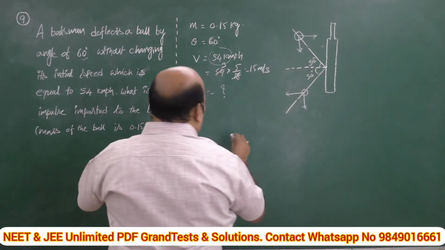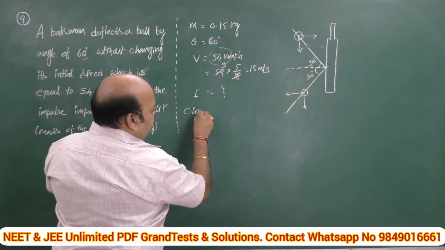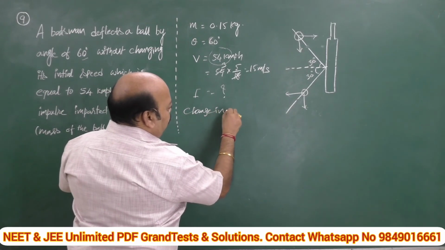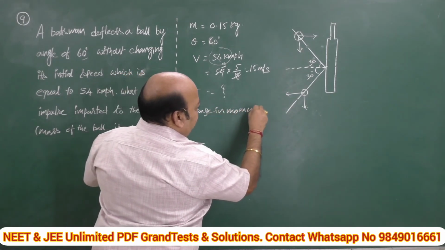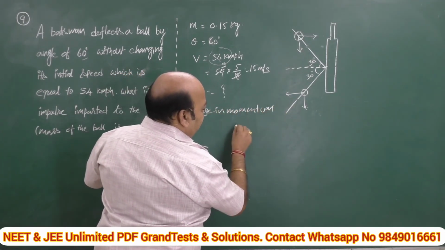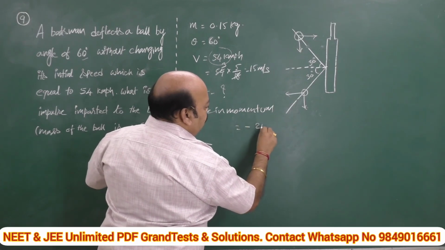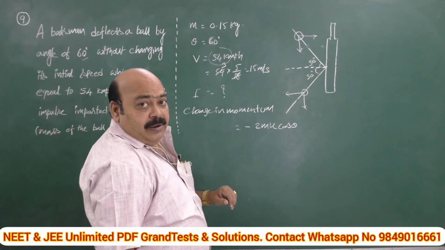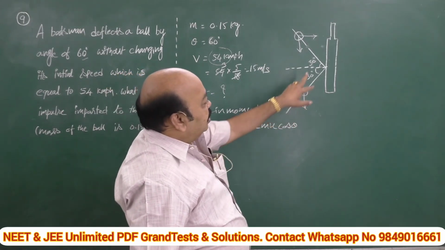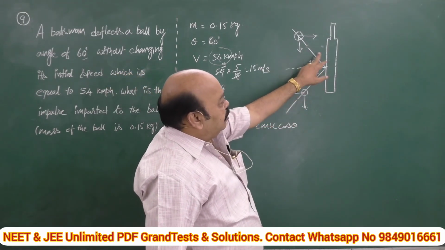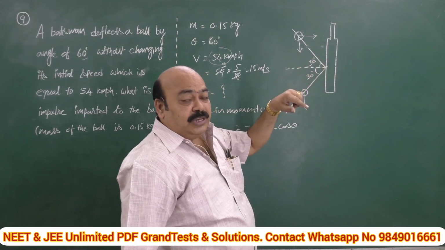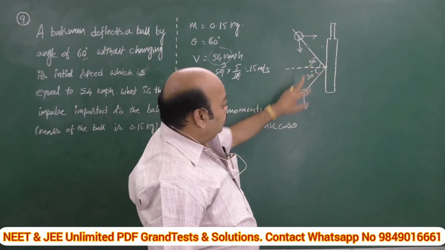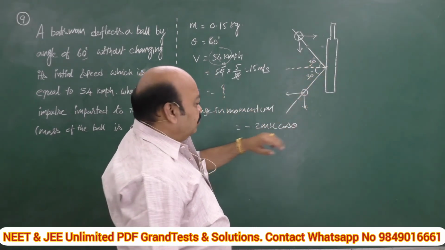So the net value, change in momentum, is equal to minus 2 mu cos theta. Be alert, it's a very sensitive thing. If the angle made by the ball with the bat is mentioned, it comes to sin. Coming to here, this is cos theta.